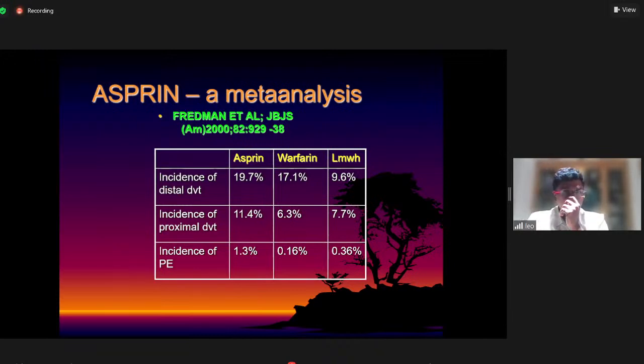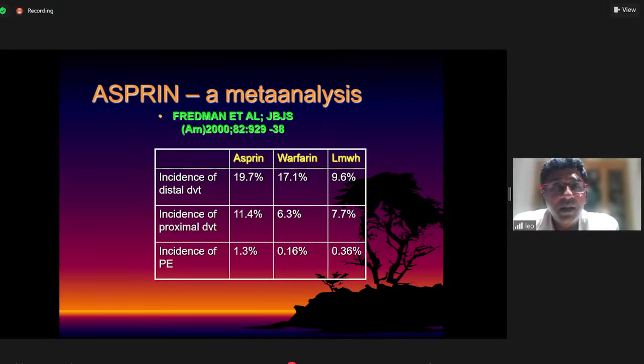What about aspirin, and how good a molecule is it? The suggestions have been on and off at times. For instance, there's been a confusing suggestion that the incidence of distal DVT is slightly more with aspirin compared to proximal DVT. So it may be more capable of preventing proximal DVT and things like that.